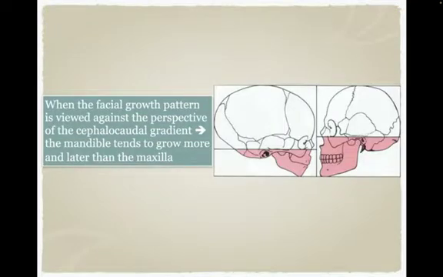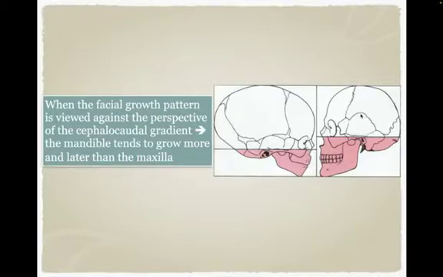And if we apply this cephalocaudal gradient of the growth to the skull as well, we can see that at birth, most of the skull is formed by the neurocranium, and the face is less than 1/3 of the skull. But as we grow, because we're following the cephalocaudal pattern of growth, the face will grow more than the cranium.